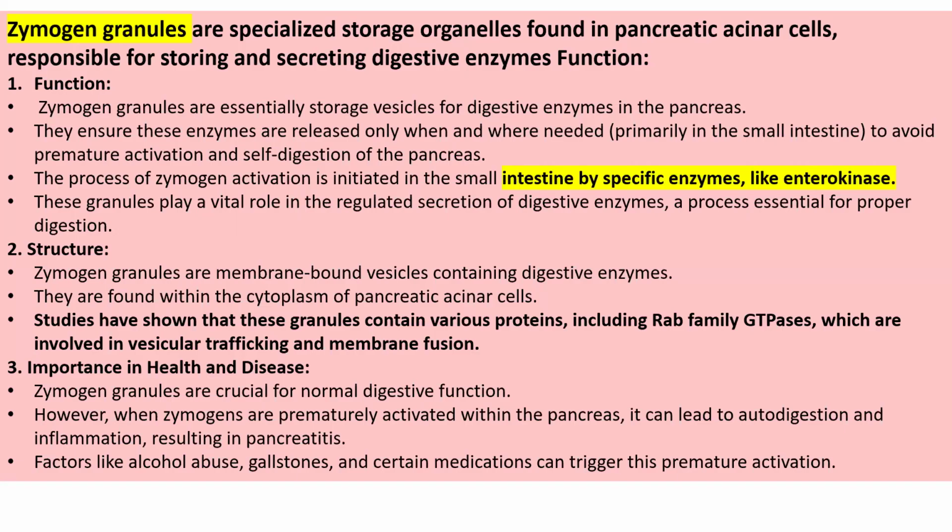Zymogen activation is initiated in the small intestine, and this activation is done by an enzyme. The name of the enzyme is enterokinase. I explained enterokinase in the previous video, GI Tract 4.